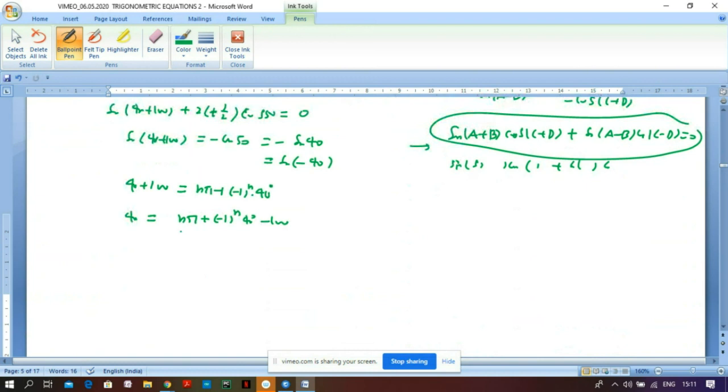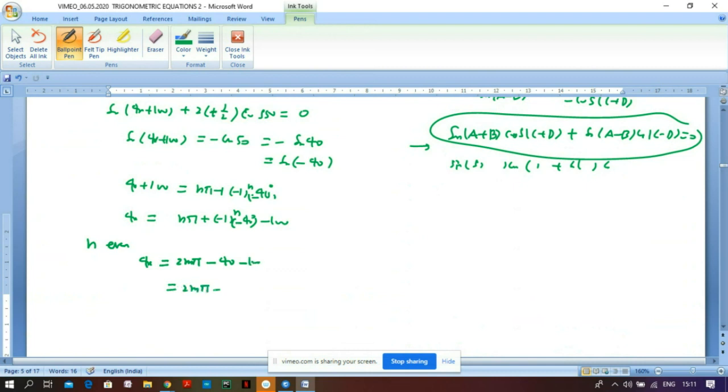Now what I can do is take n odd and even. First n even. So n even gives 4x equal to 2m pi, and this is minus 40, so you will get minus 40 and minus 100.